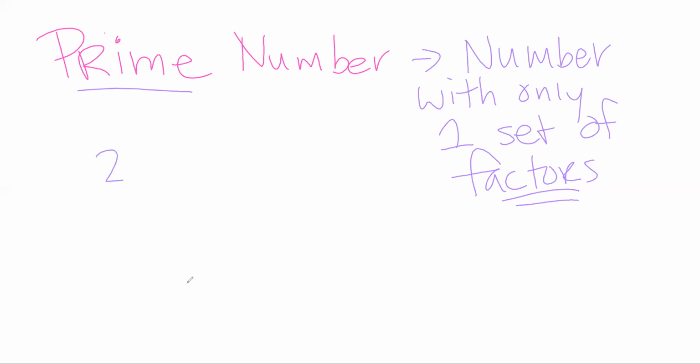Meaning what? Well, if I'm a prime number and I only have one set of factors, let's take, for example, 2. What are the ways we can multiply to get to 2, right? What times what equals 2? These numbers become our factors. So how do we multiply to get to 2?